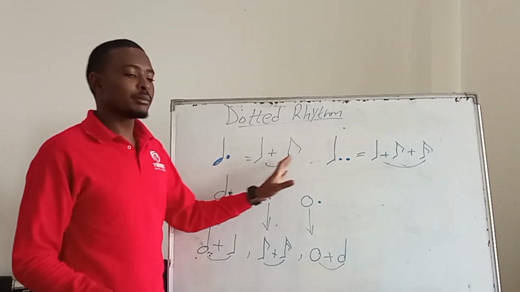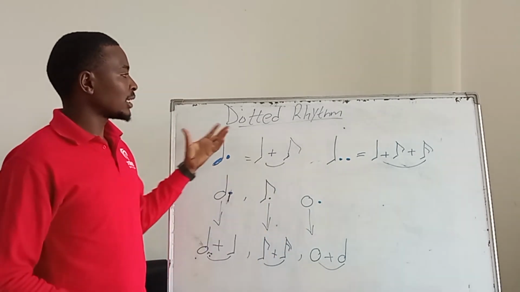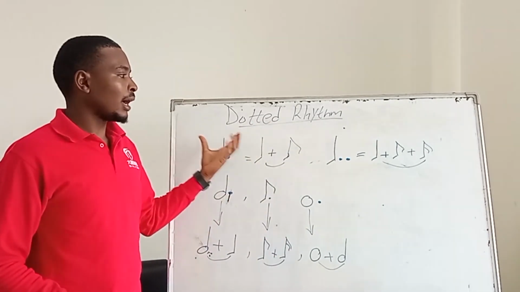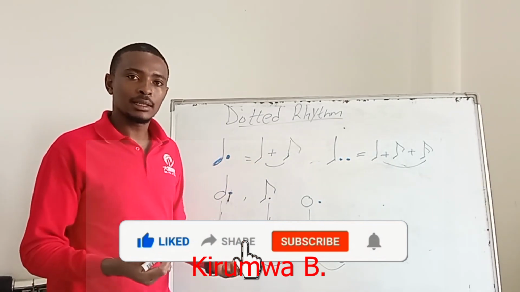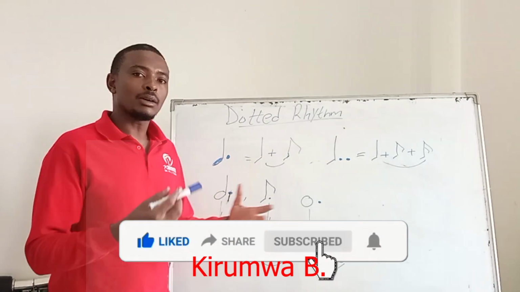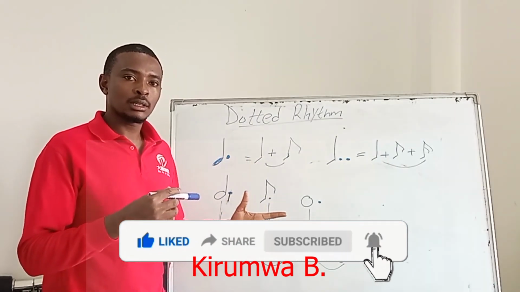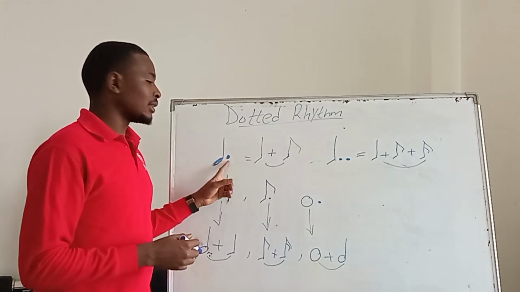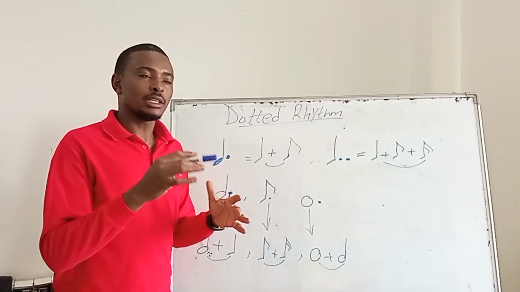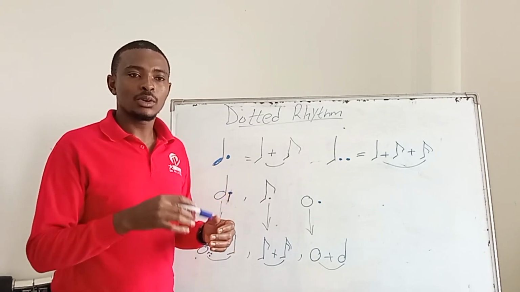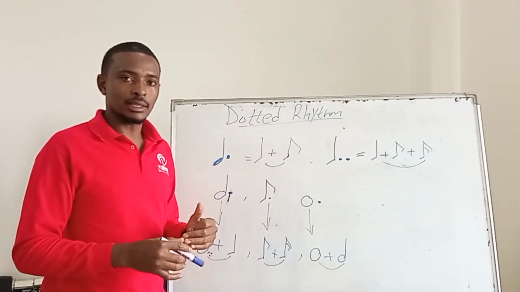So this is just a simple illustration of dotted rhythm, and dotted rhythms are all applied the same, either in compound or in simple time signature. The value of the dot doesn't change. It always remains half the value of the main note value.